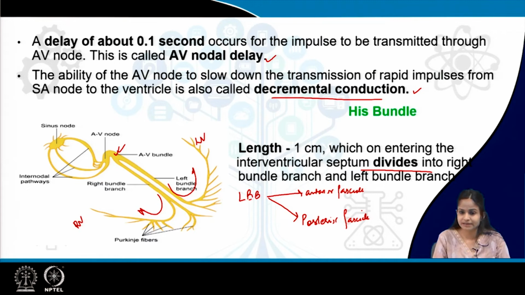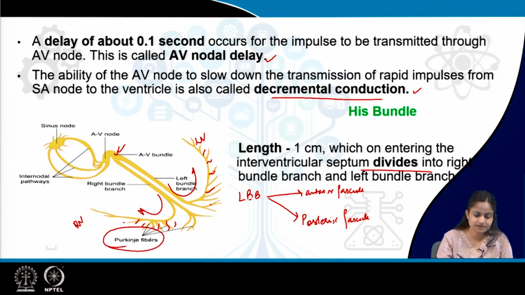Now, this left bundle branch, while supplying the ventricular walls, gives rise to various fibers. You can see over here, these are giving rise to various fibers. These fibers are nothing but the Purkinje fibers. These are very fast fibers, and these branches are given off at the subendocardial layers of the myocardium.